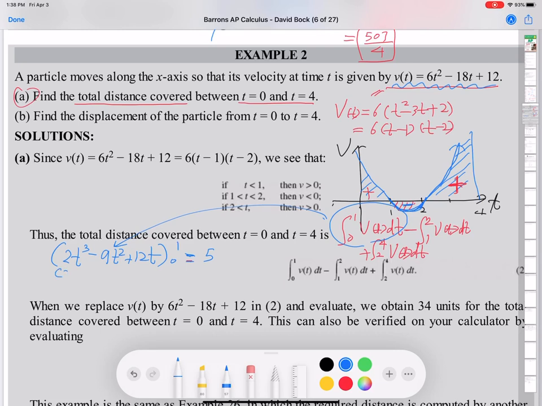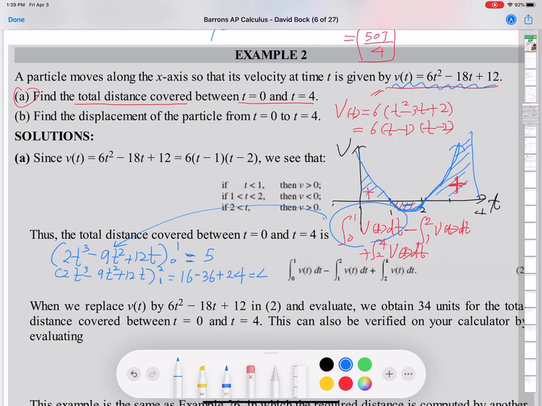Same function, 2t cubed minus 9t squared plus 12t, from 1 to 2. Plug in 2 first. 2 cubed is 8, and then 16 minus 2 squared is 4, 4 times 9, 36, plus 24.